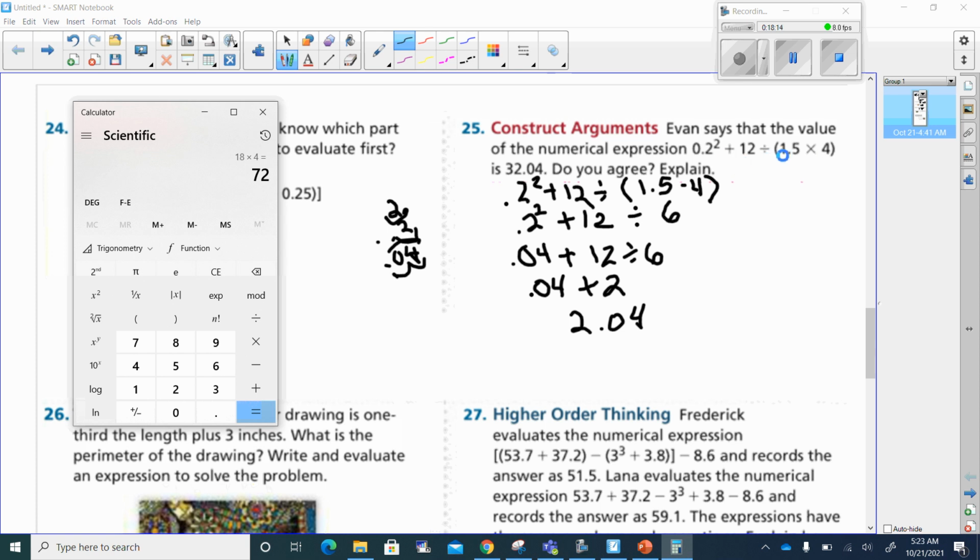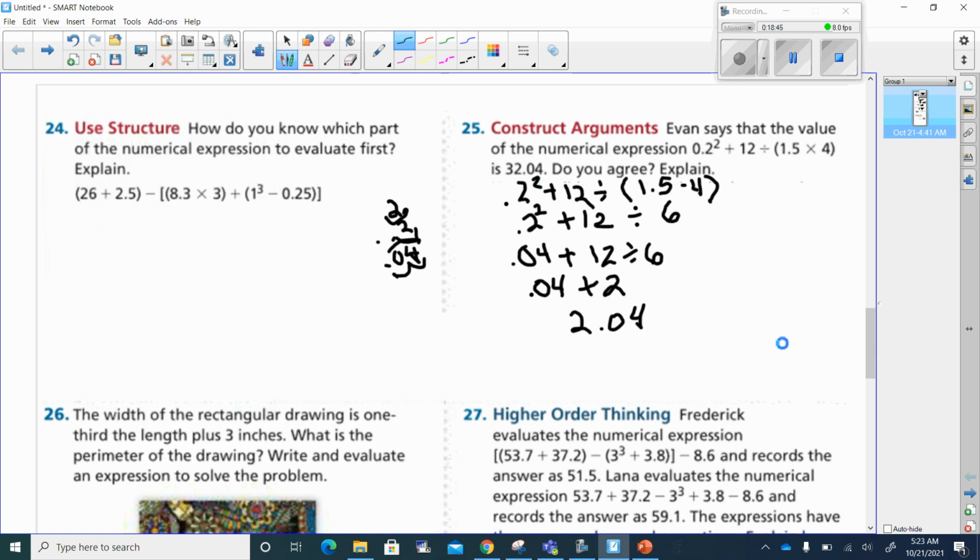Maybe this isn't what happened. Wait a minute, I think I did something wrong here. It's 12, I said divided by 1.5. Gave me 8. And then if I multiplied it to 4, that gave me 32. Now if I added it to 0.2 to the second power, and we know that's 0.04, I would get 32.4. So that's exactly what he did.